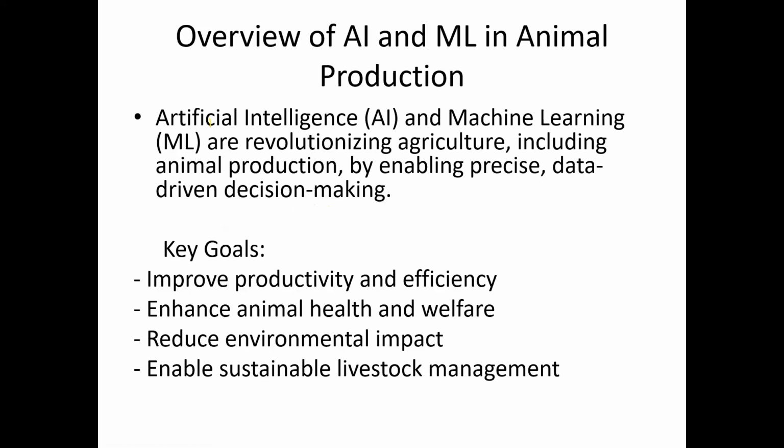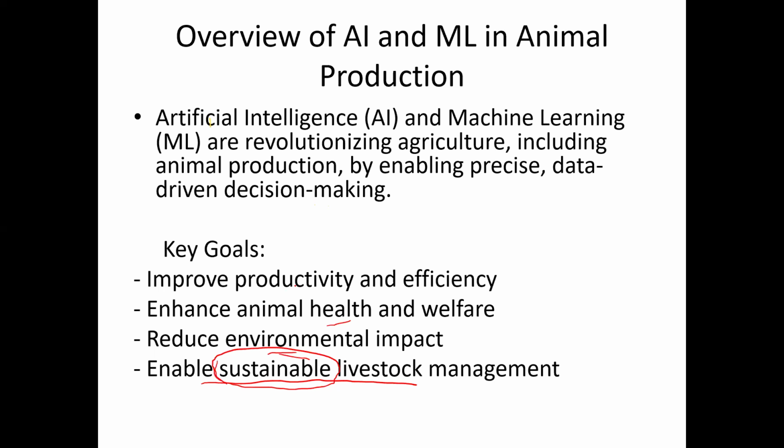We also looked into the key goals: to improve productivity and efficiency, enhance animal health and welfare, reduce environmental impacts, while also enabling sustainable livestock management. Sustainability is a huge word that in days we cannot finish discussing.